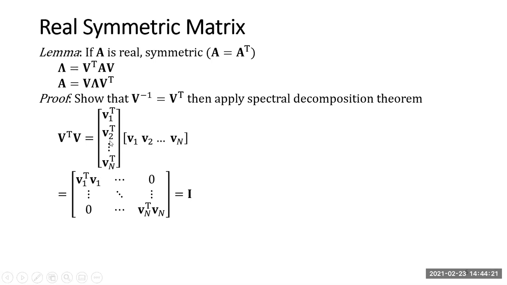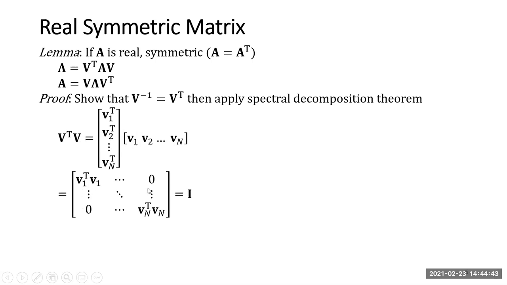Now, let's take the second row. V2 transpose V1 will be equal to 0. V2 transpose V2 will be equal to 1. V2 transpose V3 will be equal to 0 because V2 and V3 are mutually orthogonal. And so all the other off-diagonal elements will be 0 except V2 transpose V2, which shall be equal to 1.